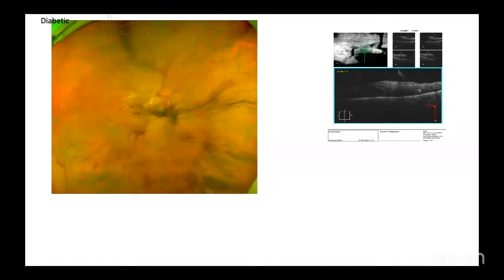So what would be the imaging modality? Optos wide field. Yes, and also this is not a color image, this is a pseudo color image. For a color image, you need to put white light and the picture is taken. These are scanning laser ophthalmoscope images, so this is not really a color image.